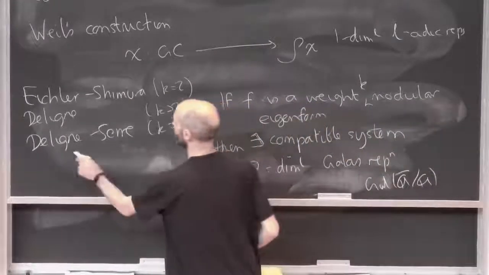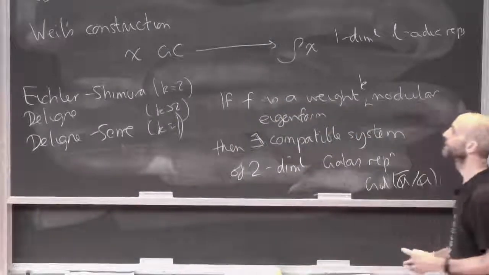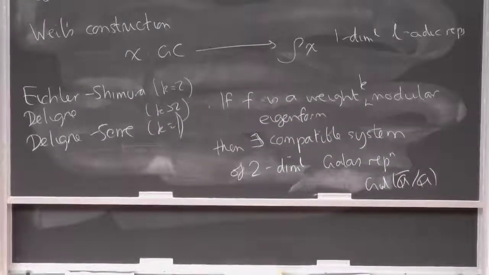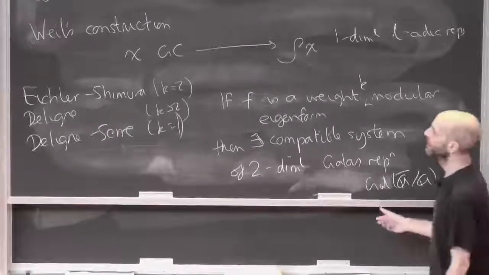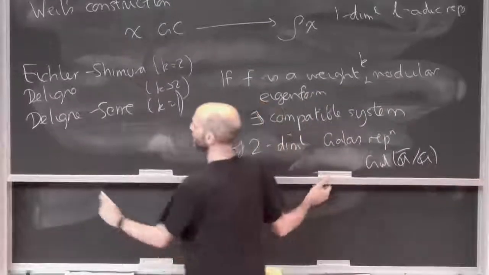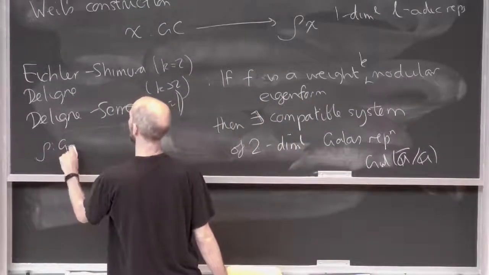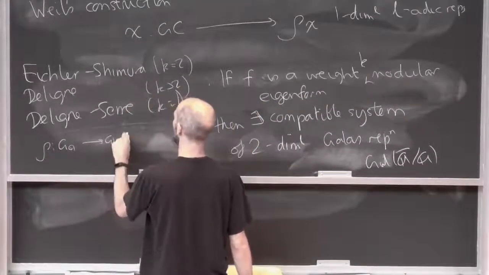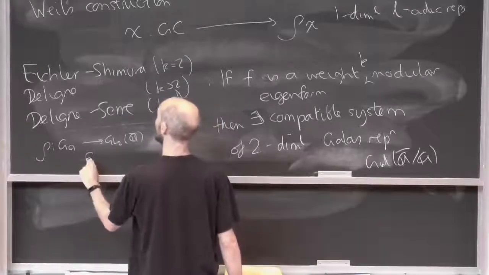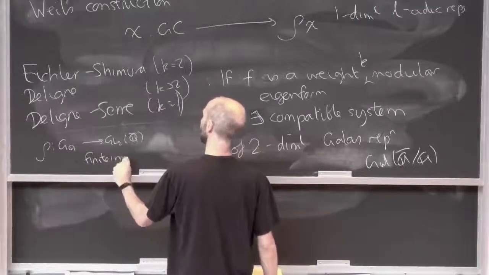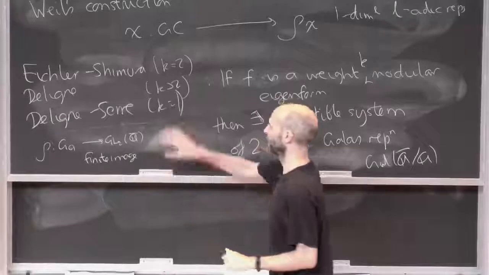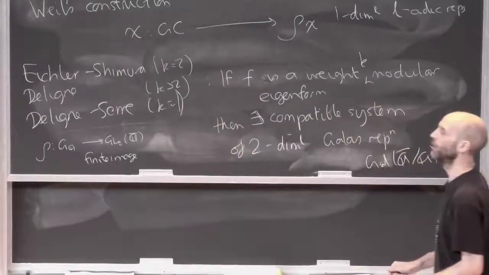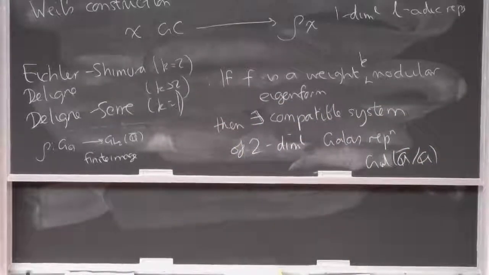That's what happens in weight 1. In weight 1, the image is finite, and the fact that there's a compatible system is kind of a misleading assertion. In weight 1, you get rho from Gal Q bar over Q, basically to GL2 of Q bar with finite image. So that's a slightly different situation to weights 2 or more, and somehow it needed a separate argument.